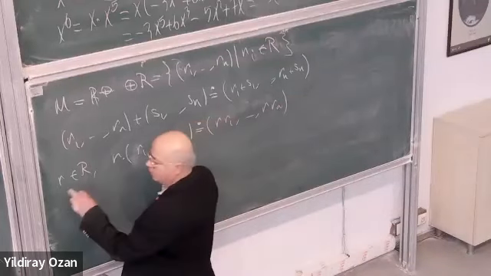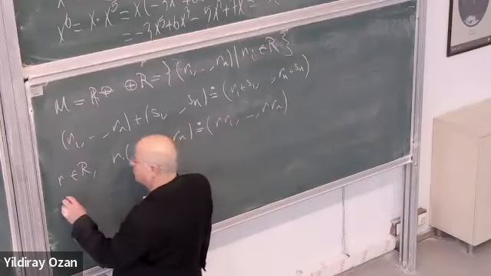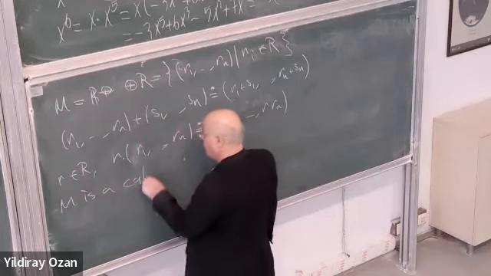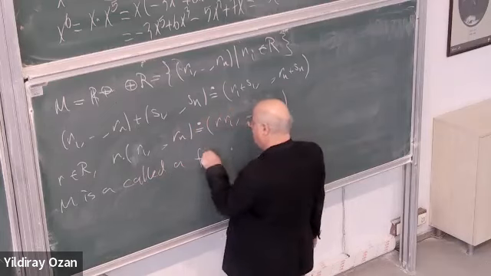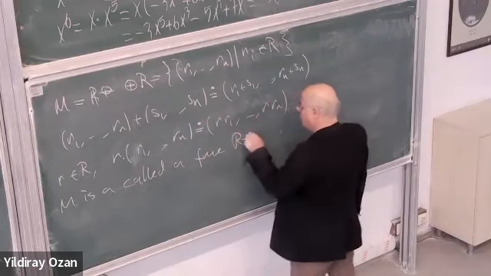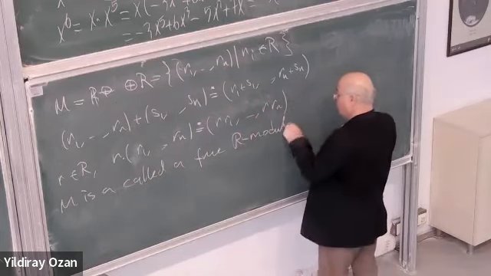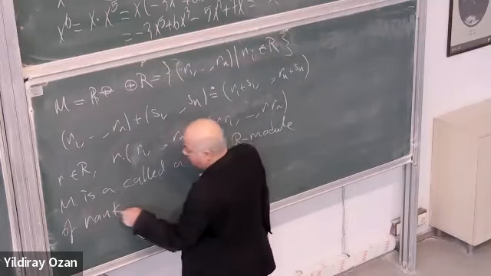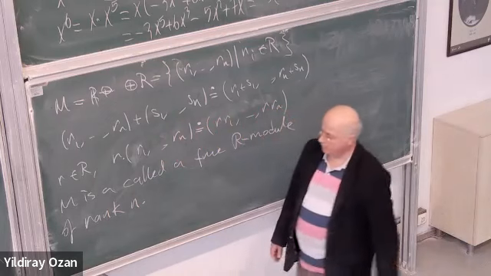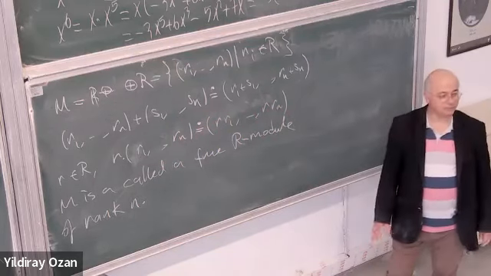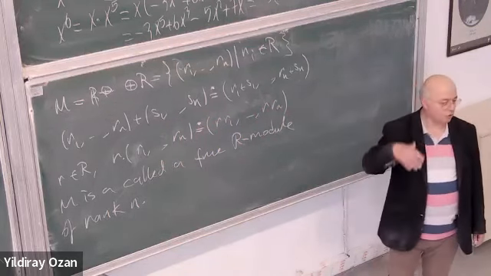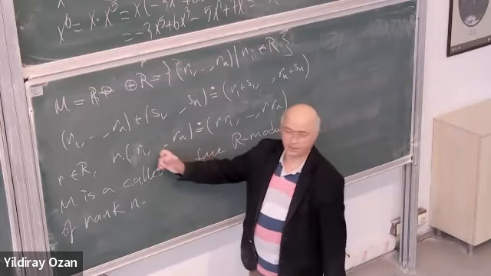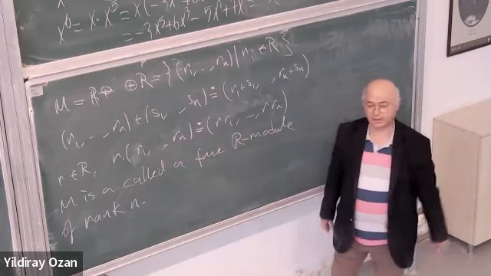So M is called a free R module of rank n. We don't say dimension; dimension is used for vector spaces. We say the rank of this module is n.